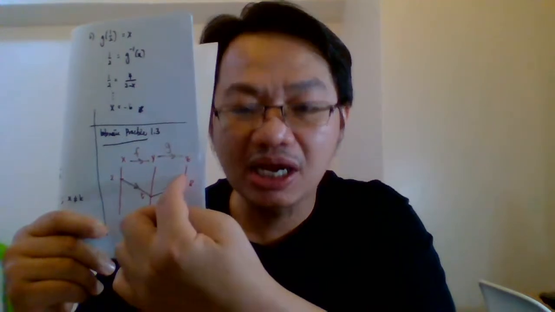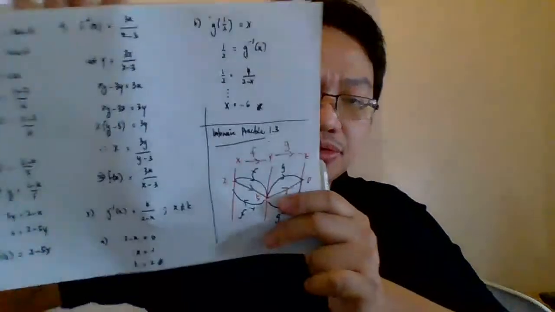This is the arrow showing the normal F, normal G. When we talk about inverse, the direction will be inverted. Okay, so I draw with a different color. That's why you need to draw.